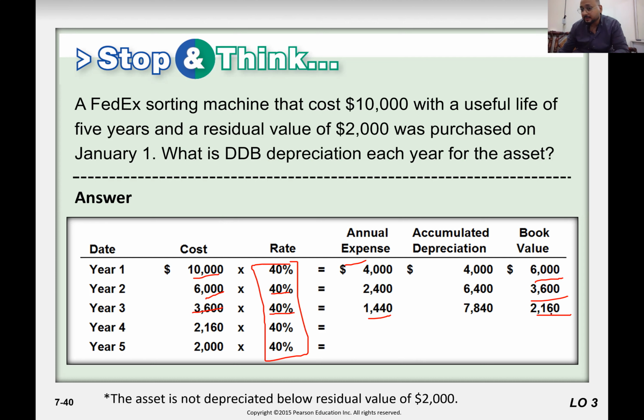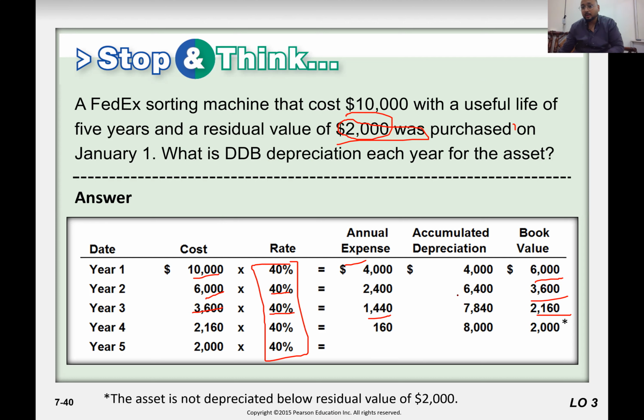If we multiply this with 40%, the answer would be 864, which is greater than the remaining 160. So remember, our residual value is 2,000. It must not decrease below 2,000.